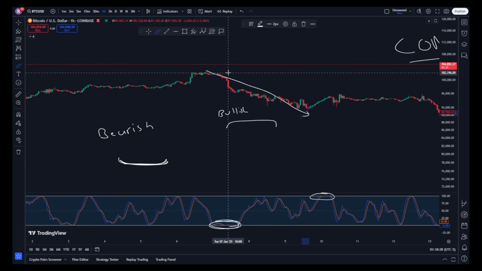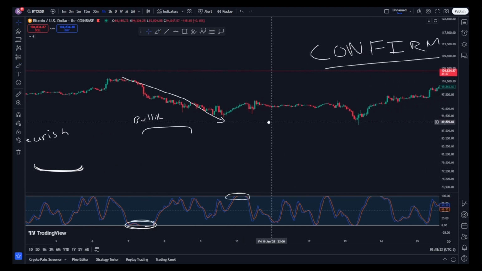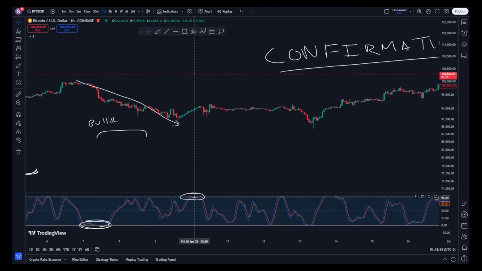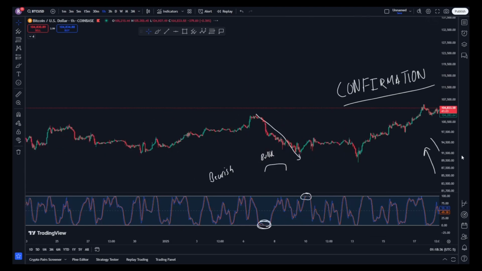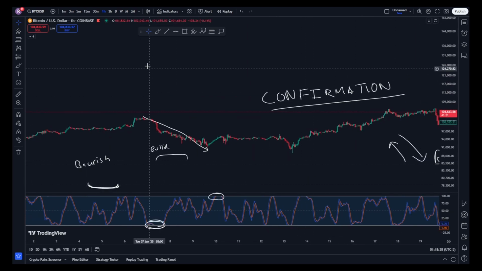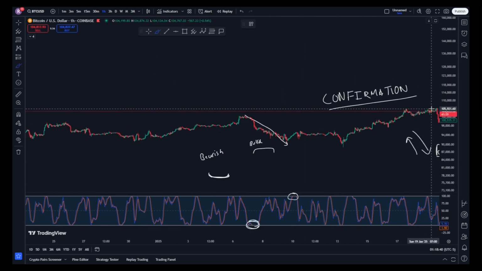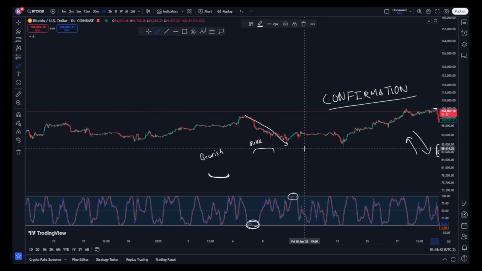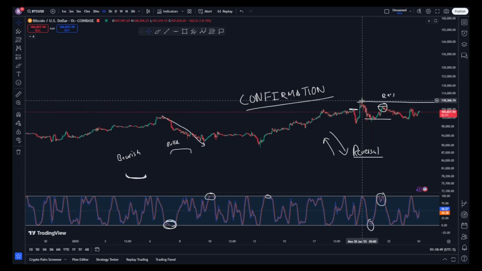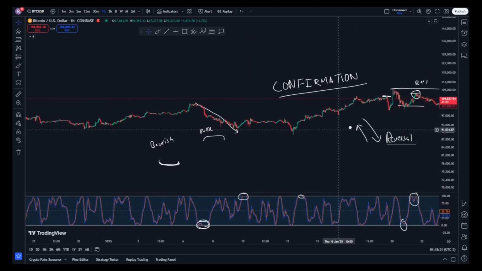I mean, we went all the way from 102 to 90,000. And then same thing over here, right? We had this small extension, but that small extension paved the way for such a big push up, right? Over here we extended, over here we had that small extension, and look what happened. Market went up all the way to 110,000.